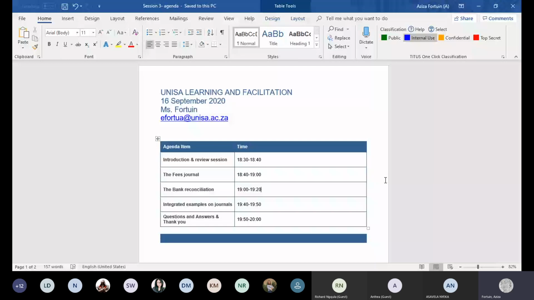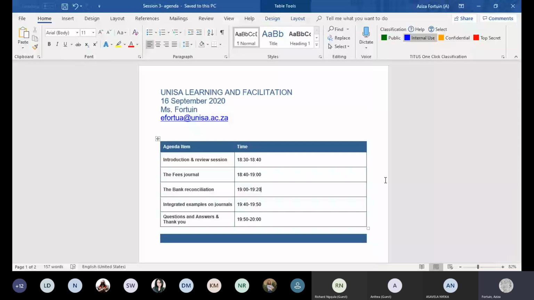I just want to touch on the fees journal because that is what came out of the small group. So I'm just looking at an example where there was a fees journal in the book. The fees journal was in chapter 6.